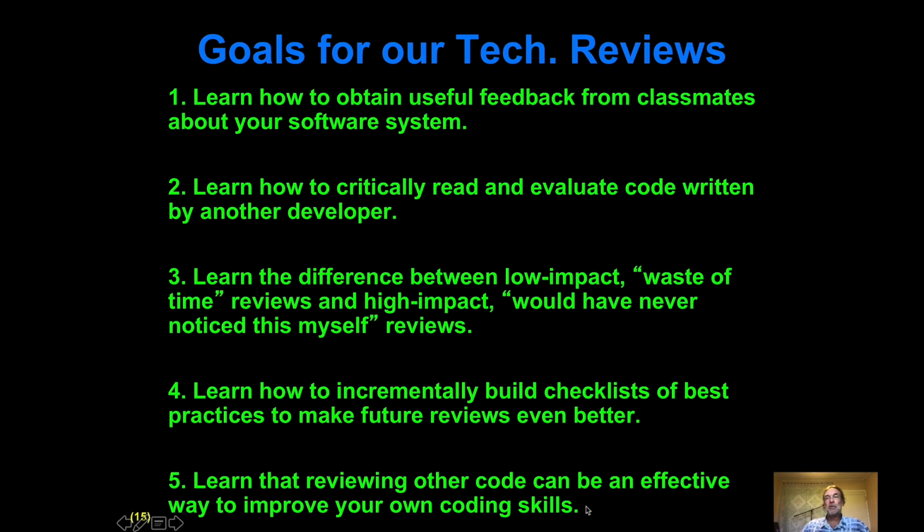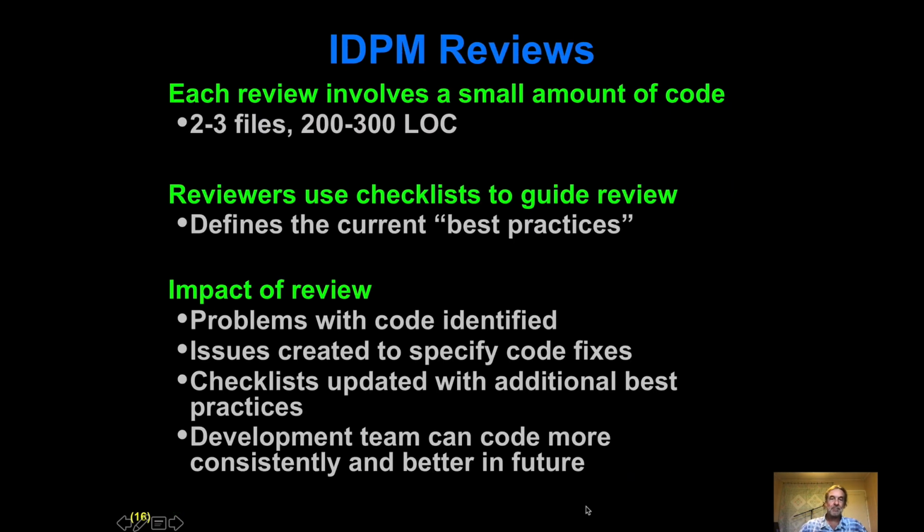And reviews should be friendly kinds of activities. We're all in it together. We're all trying to learn. We're all trying to get better. And it can be a really fun way to understand more about software development.